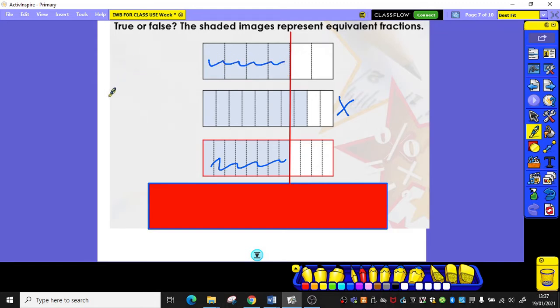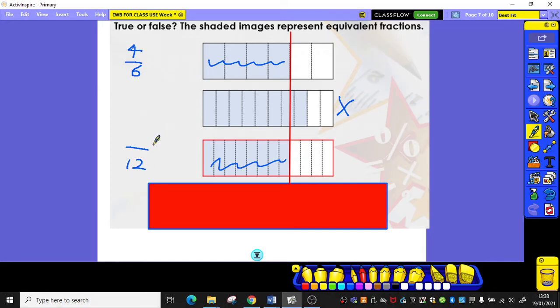So I can therefore write down that 4/6, which is what this fraction shows, 4 parts out of my total of 6, is equivalent to 1, 2, 3, 4, 5, 6, 7, 8, 9, 10, 11, 12. So this bar has been cut into 12, so there's my denominator.